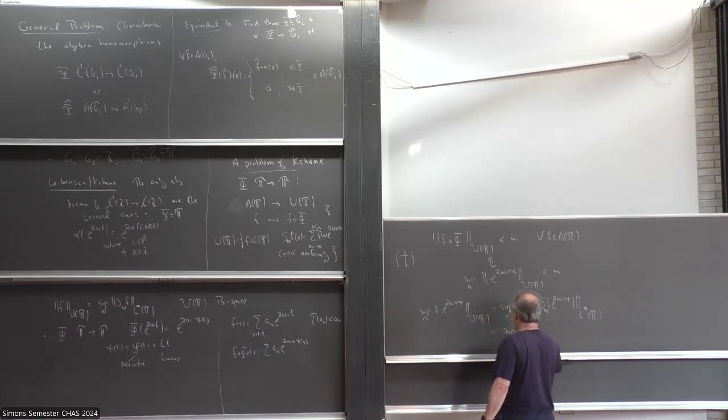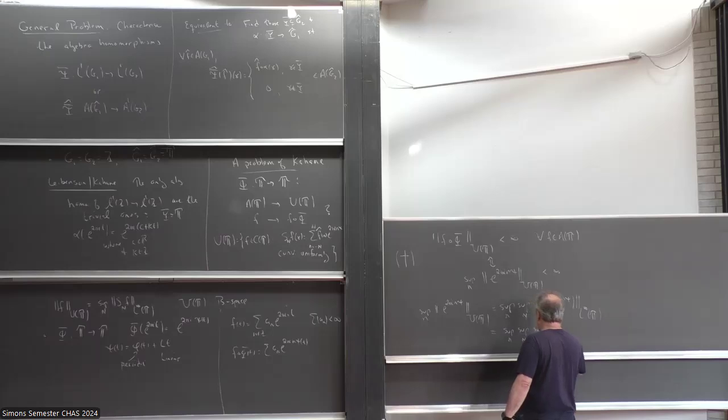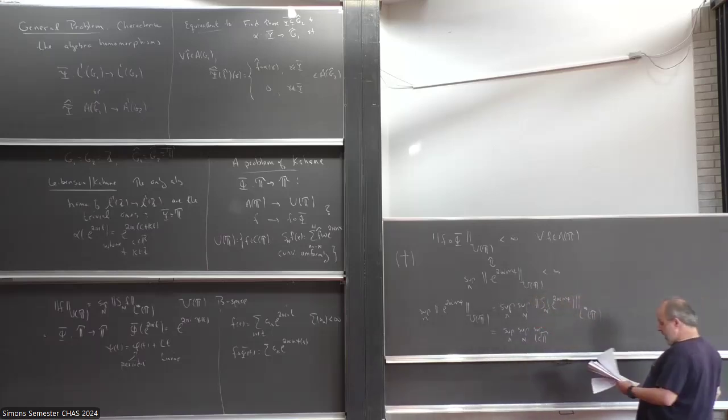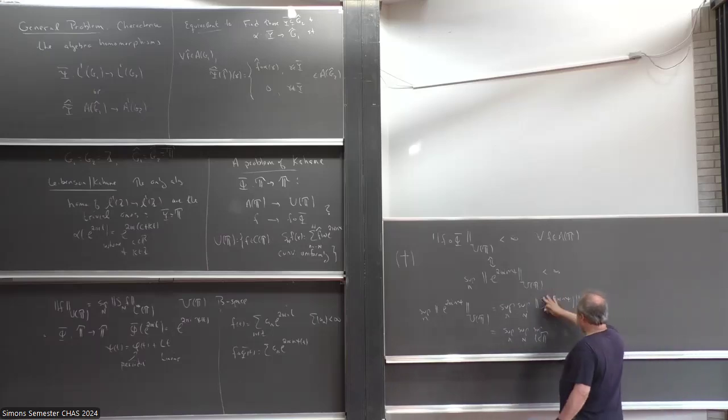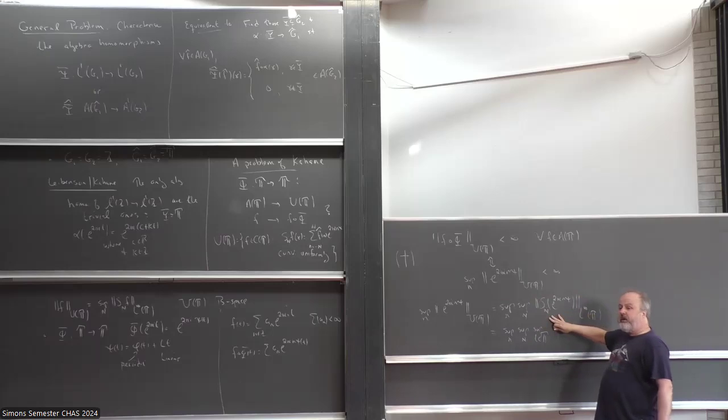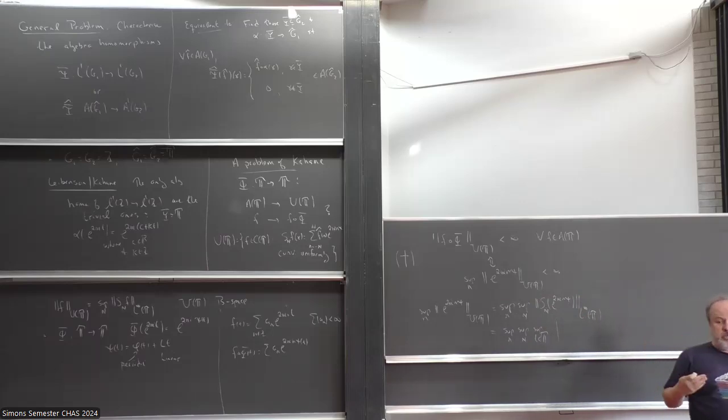So sup in little n, sup in capital N, sup in t on the units mod 1, a real number mod 1, a point on the circle. And then what do I have here? I have to compute the Fourier partial sum. I take a function and compute its Fourier partial sum, which is just convolution with the Dirichlet kernel.